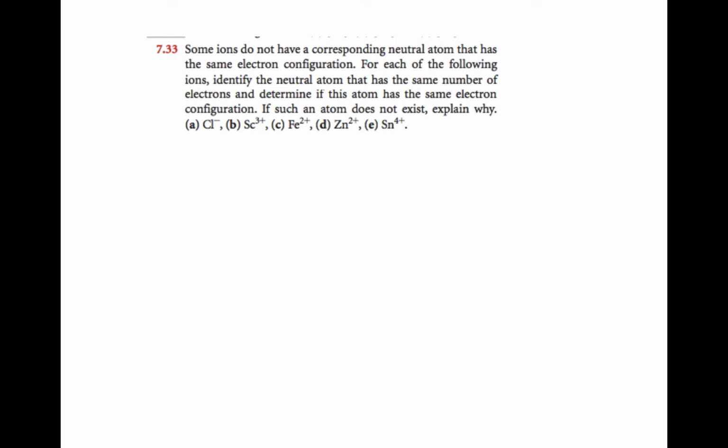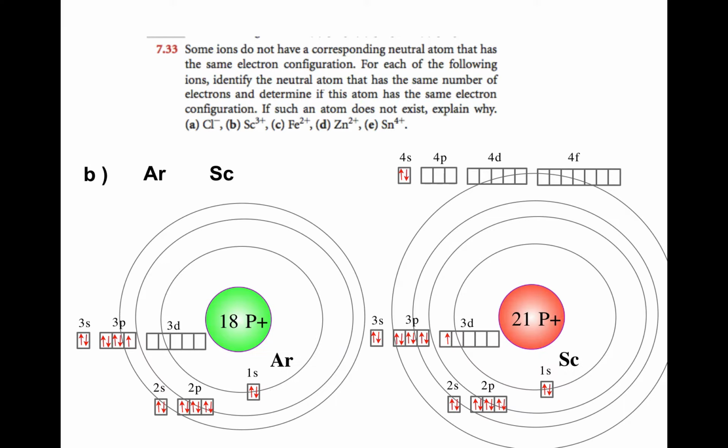If we're looking at B, scandium 3+, in order to get a 3+ charge on scandium, we have to remove the 4s electrons first. All right, so it's a transition metal. We've got one electron in the 3d and 2 electrons in the 4s. So once we remove those 2 electrons from the 4s, we now have a +2 charge.